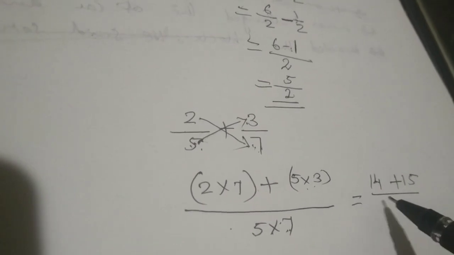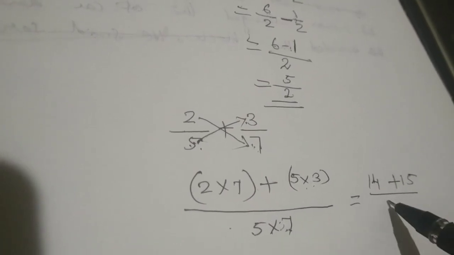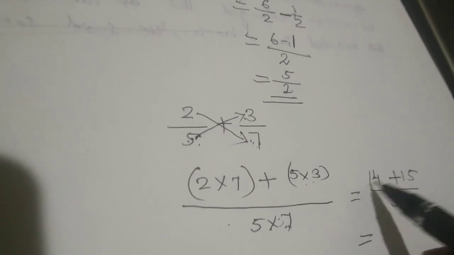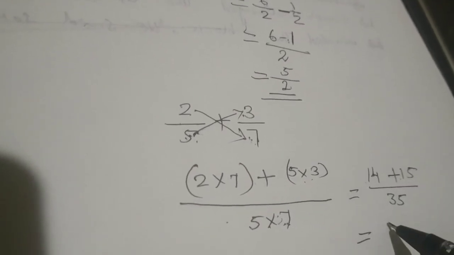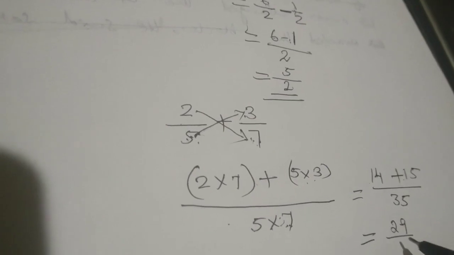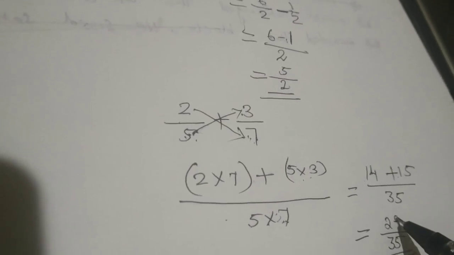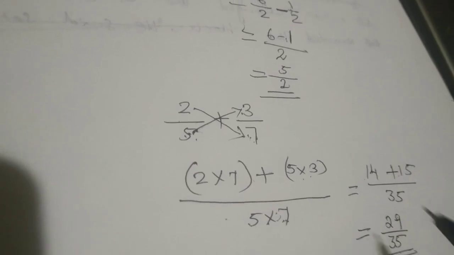Then 5 sevens are 35. After that, 14 plus 15 is 29, divided by 35. That is, 29 by 35 is the answer.